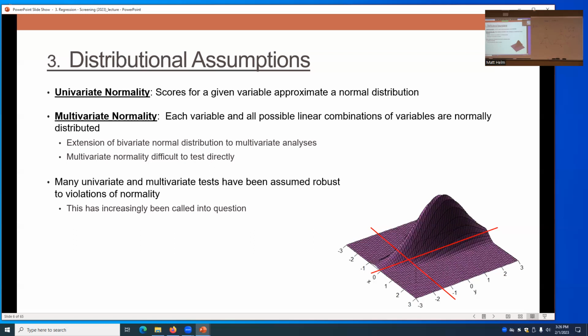Now, luckily, a lot of our univariate and multivariate tests are assumed to be reasonably robust to violations of normality. We can have some weird stuff going on there, and it tends to be okay-ish. But this is increasingly being called into question. Basically, someone told someone that it's not a big deal if we violate normality assumptions, and people ran with that because it's convenient to say, technically it's not a big deal, I don't have to worry about it.